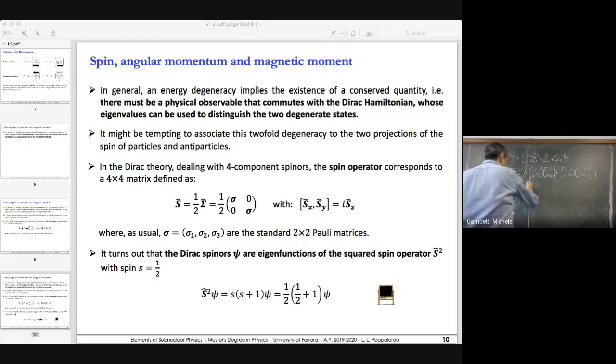Plus, now we have 0, minus i, 0, 0, i, 0, 0, 0, 0, 0, 0, minus i, 0, 0, i, 0, and then it's the same.